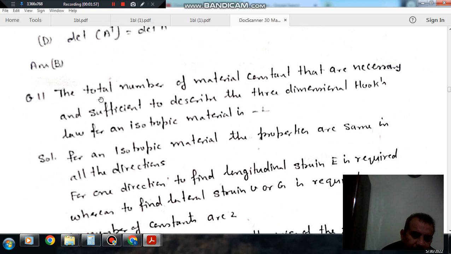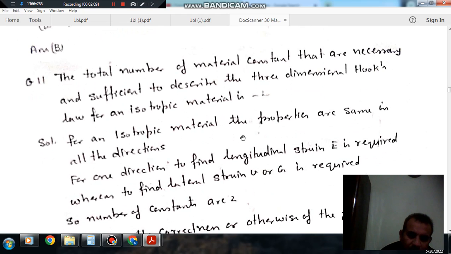question number 11. The total number of material constants that are necessary and sufficient to describe the three-dimensional Hooke's law for an isotropic material is. For an isotropic material, the properties of the material are the same in all three directions.